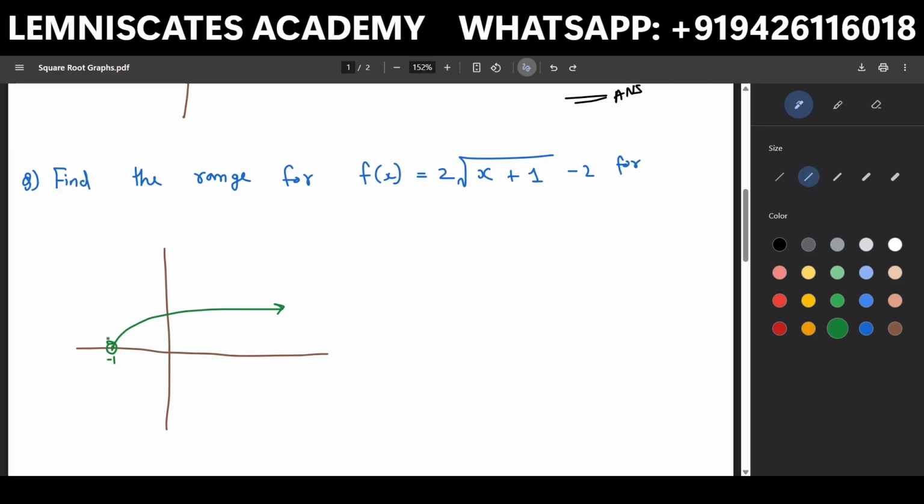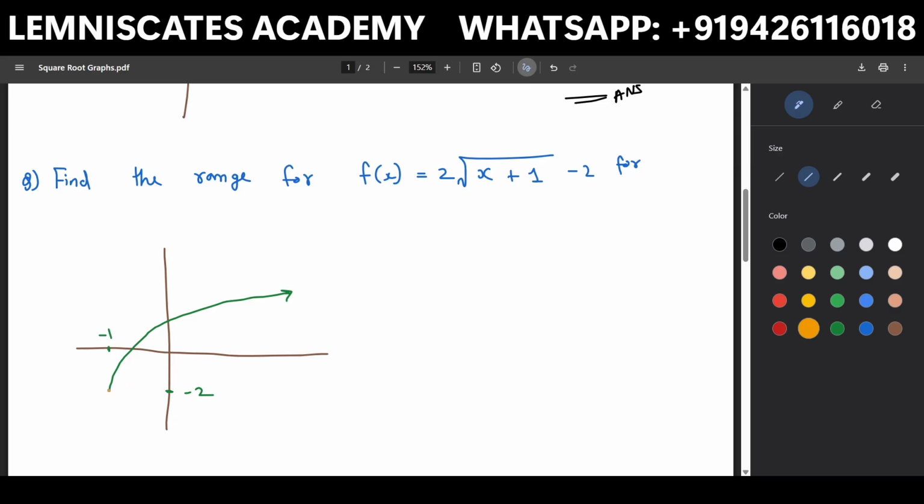So of course the y value is 0, which is multiplied with 2, which will be 0. Minus 2 will be minus 2. So of course this point will be shifted down to minus 2 in terms of y-axis. So the graph is going to look something like this. And this is minus 2, this is minus 1.